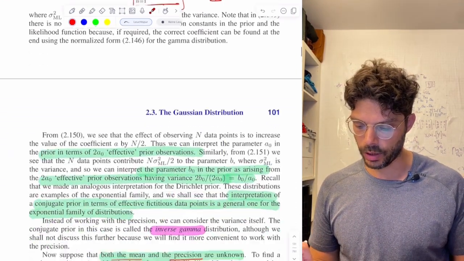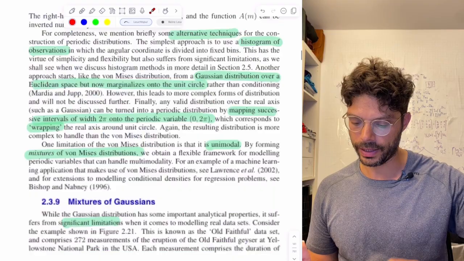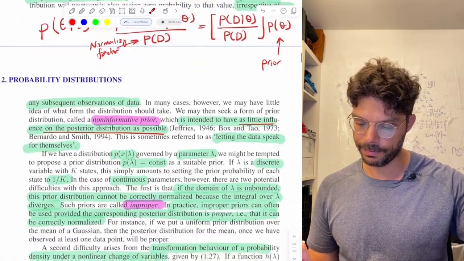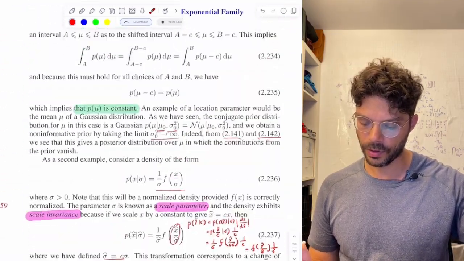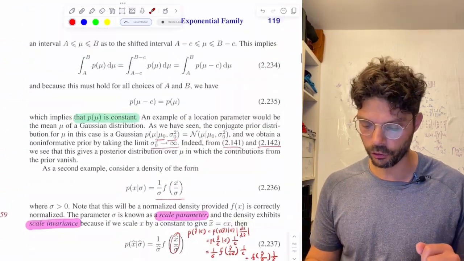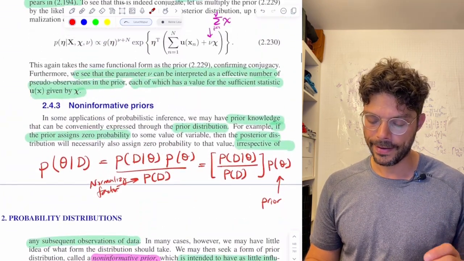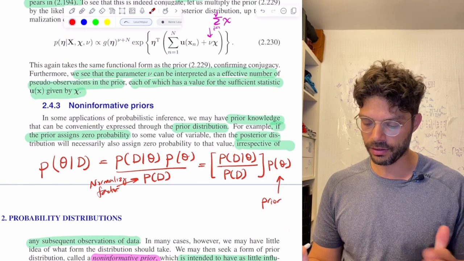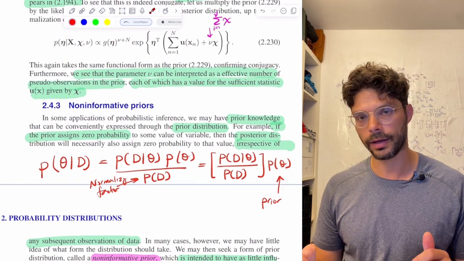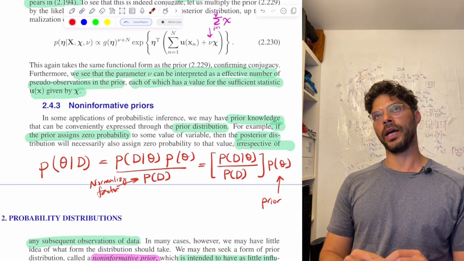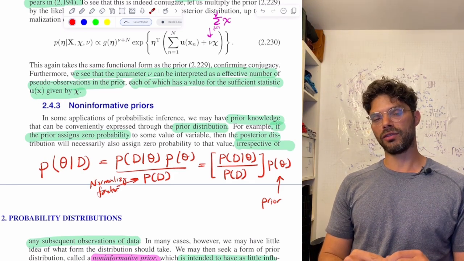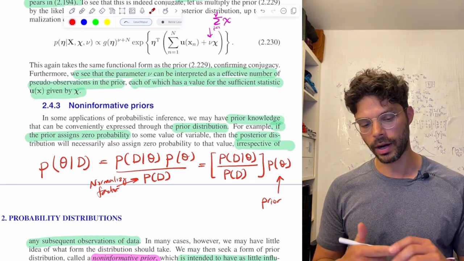One other question I had was, let's just scroll back down. The question is, why did he introduce all this stuff in this particular section on the exponential family? I don't think he really talks about it here, but one reason is that when you talk about non-informative priors, sometimes you actually have some prior information.